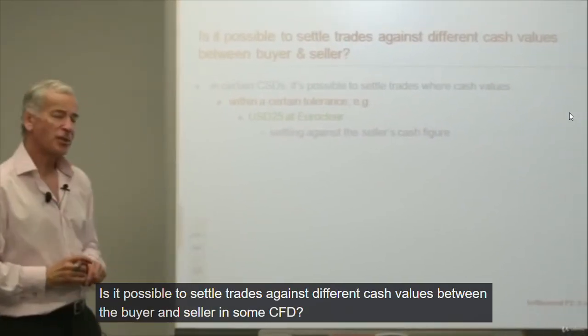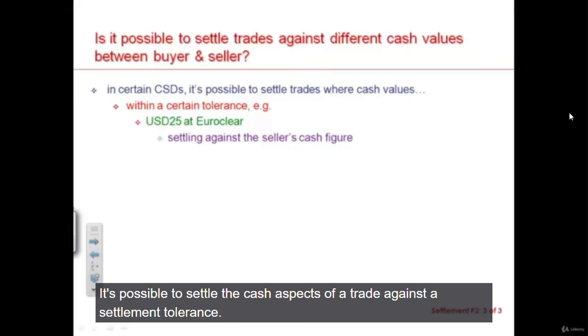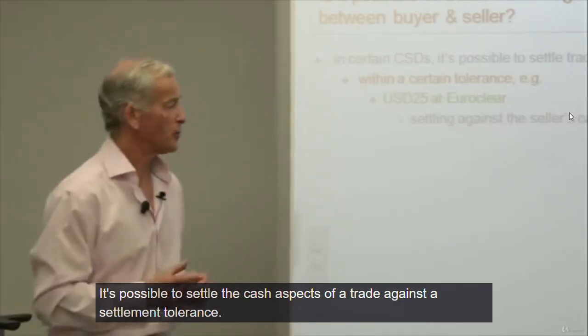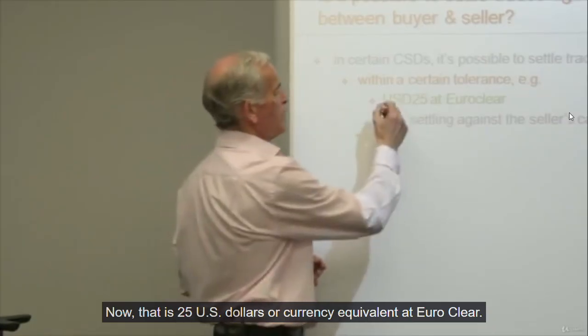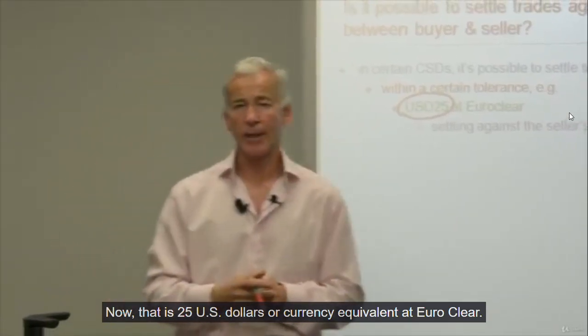Is it possible to settle trades against different cash values between the buyer and the seller? In some CSDs, it's possible to settle the cash aspects of a trade against a settlement tolerance. Now, that is $25 or currency equivalent at Euroclear.